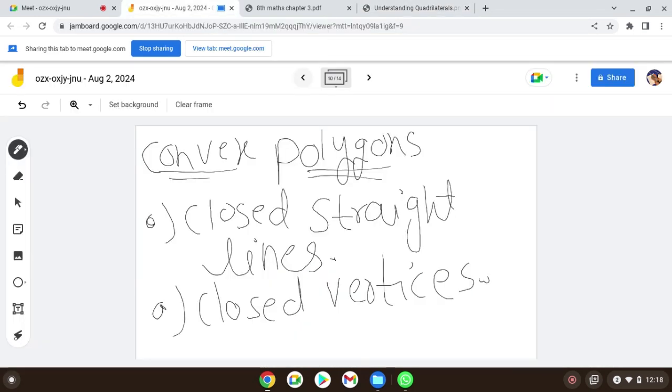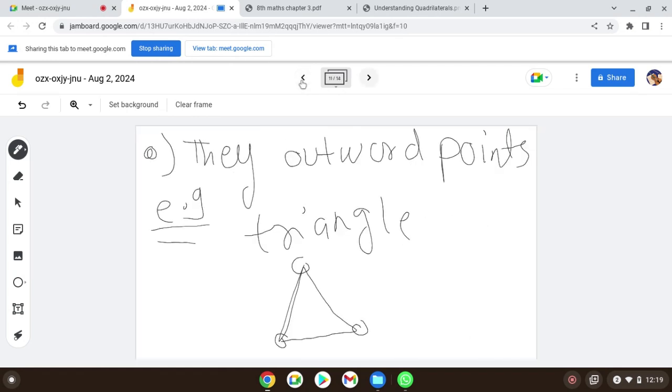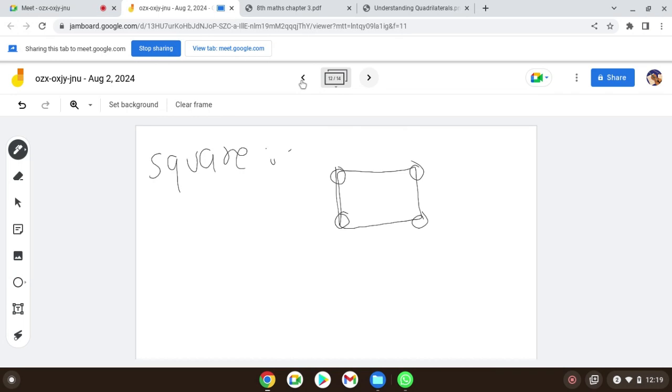Now, can you explain what convex polygons are? A convex polygon has closed straight lines. It has closed vertices. They have outward points. Example: a triangle and a square. Okay, how can you define that a square and a triangle belong to the convex polygons?